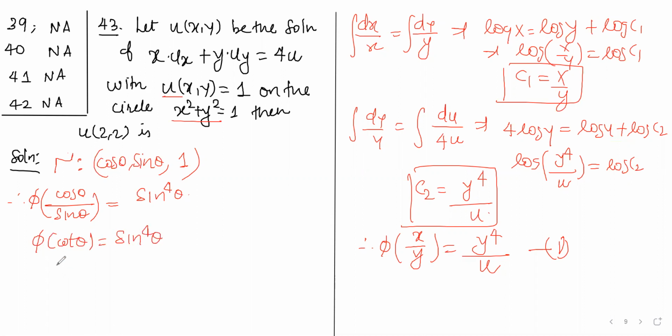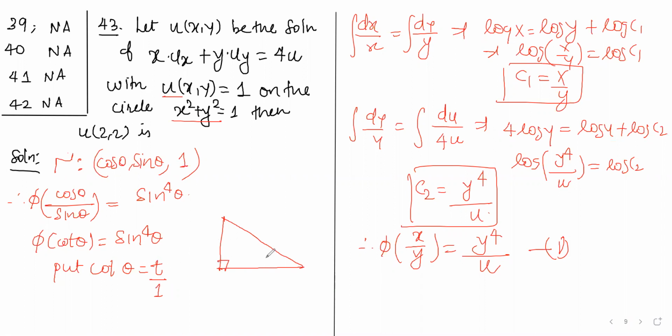I need to change this variable, so I'll put cot theta equal to t. There is nothing in the denominator, I can take 1. And now I'll construct a triangle. Say I want to find out sine 4 theta in terms of t. So this is a right angle triangle, with cot theta.